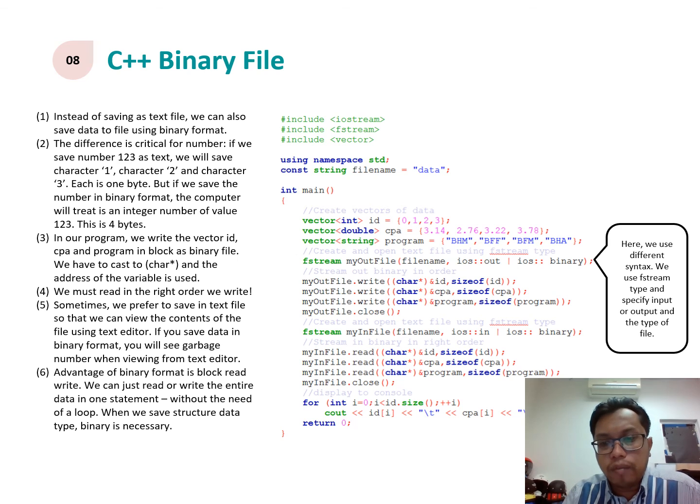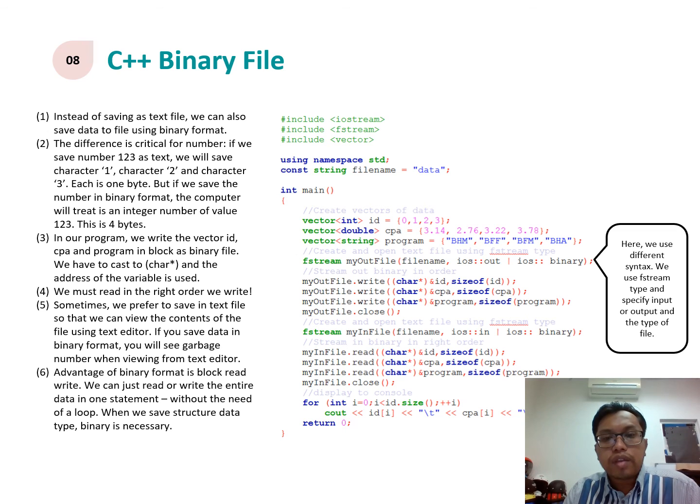Whereas when you save as binary, when you open that file, you will see 0101 binary values. It doesn't show anything that you understand unless you open the file in your program and print it out. Then you see what value was being saved. That is the difference between the binary file and the text file.